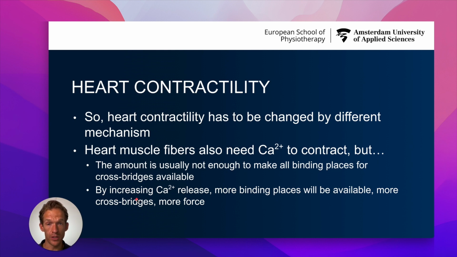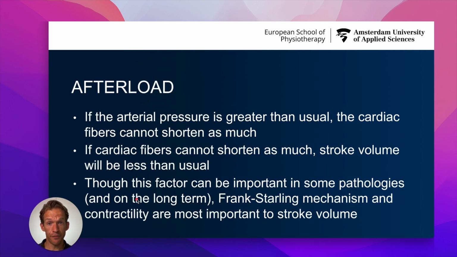So with an increased sympathetic input, more calcium will be released than at rest. More calcium means more cross bridges means more force. So by regulating calcium levels, the heart can regulate overall contractility.